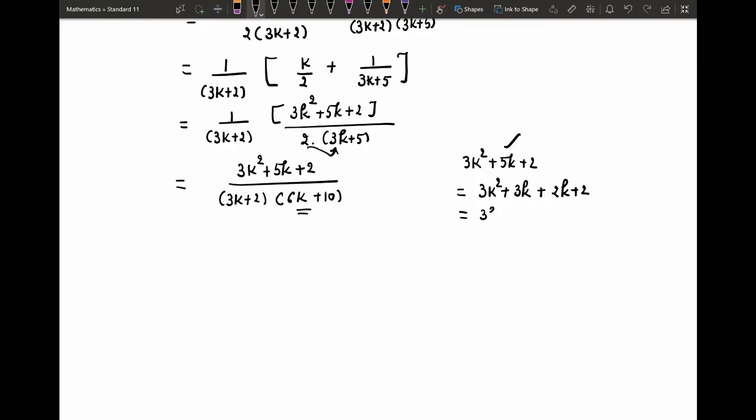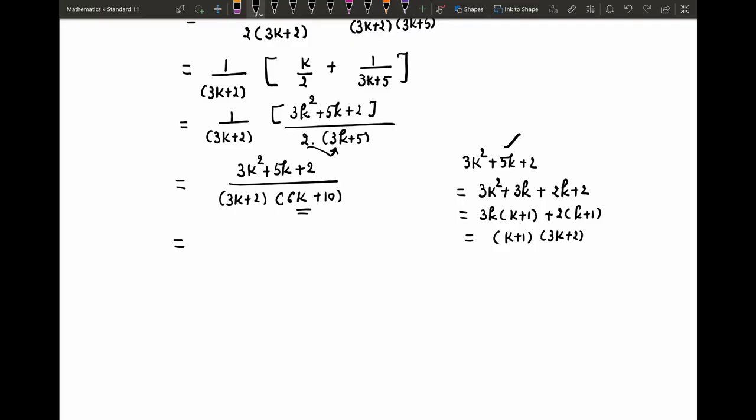Now we take 3k common, so k plus 1. We take 2 common, k plus 1. So when we factorize numerator, factors will be k plus 1 into 3k plus 2.